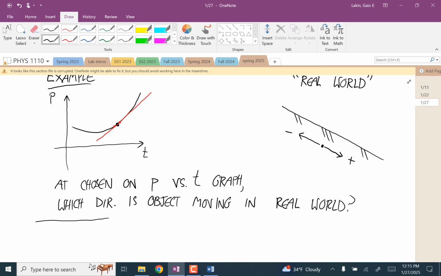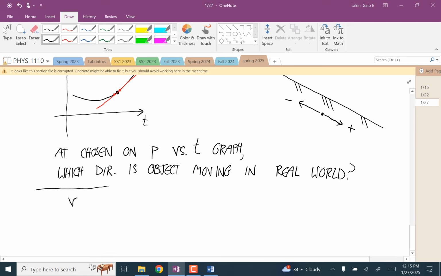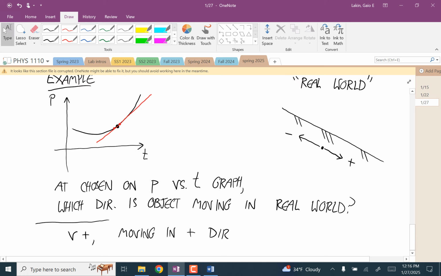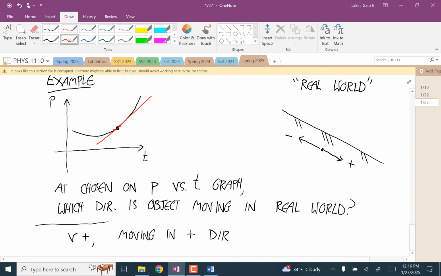Okay, so V is positive, which means it's moving in the positive direction. Now we go over here to the real world. We know that it's moving in the direction we called positive. So that means that this is moving down the ramp this way.